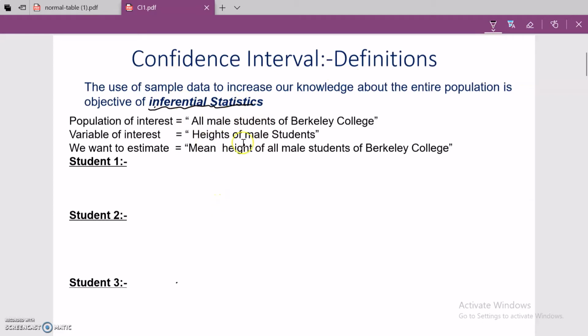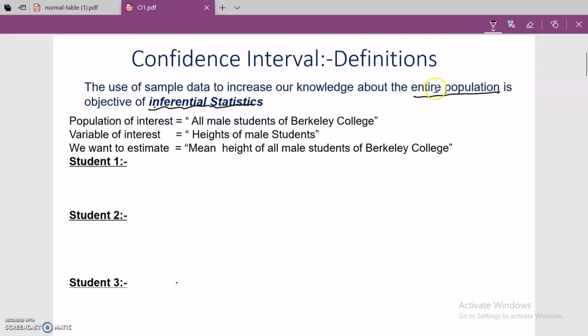Inferential statistics is the statistics in which we estimate something about the population based on the sample data. We want to know something about the entire population, but the problem is that we can't access the entire population because we don't have the time, the manpower, or the resources to do that.